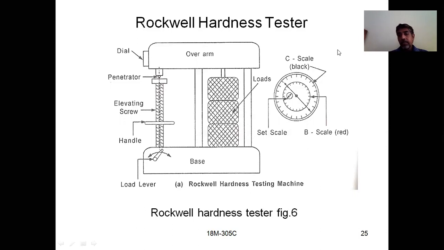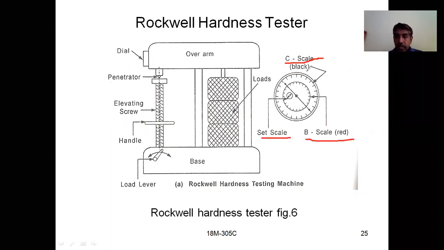And if you see here, this is the dial scale. I will show you. If you see here, this is your dial scale. So what you are having here is a C scale and a B scale, and here you are having a set scale.